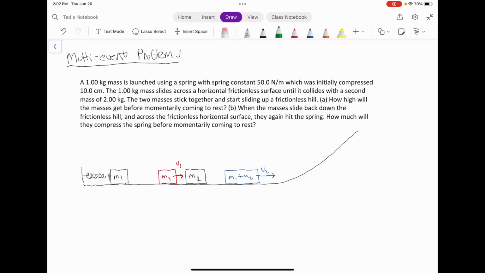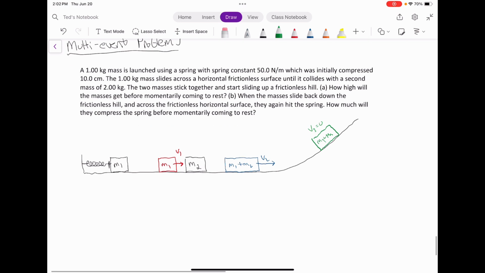And then in green, I'll draw the next stage of what happens. We get to the top of the hill, and again we have M1 plus M2, and we'll say that V3 is equal to 0. And then I think that's all I can draw in one picture.